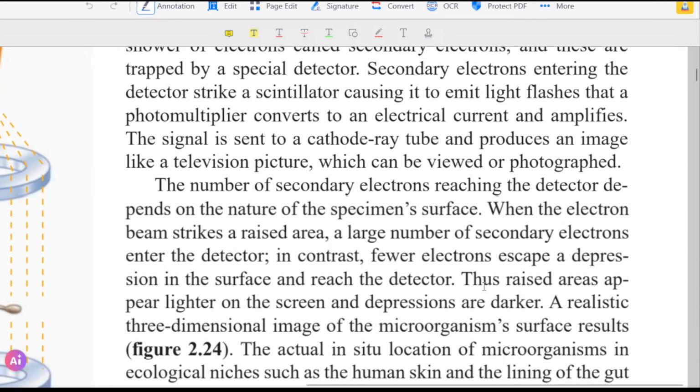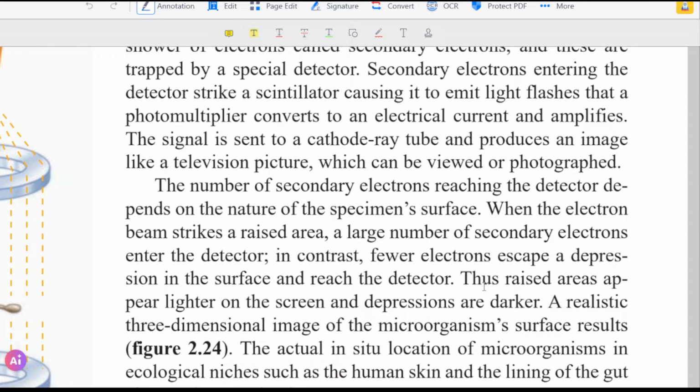And I think it's because they are more lonely, like less bound to one another than the inside, while the area which is a depression, like a well type area. First the electron reaches slowly into that area, or you can say the probability of reaching a higher number of electrons to that area is less, right?